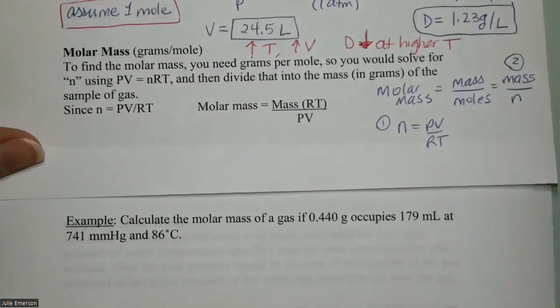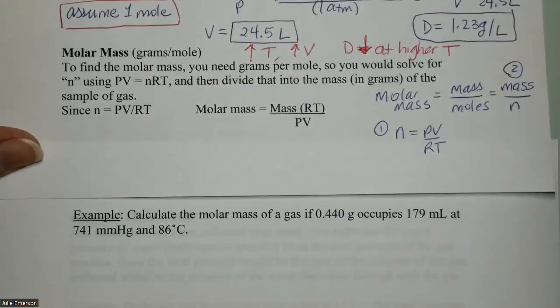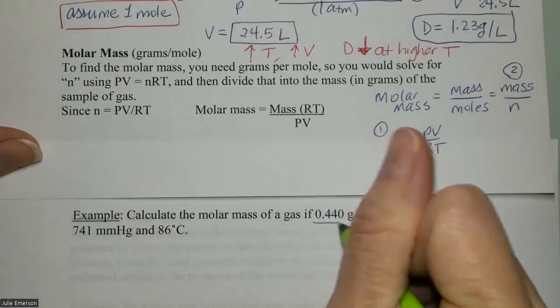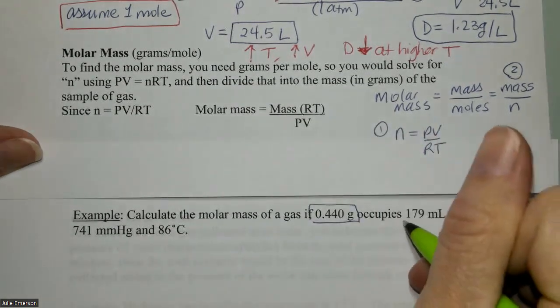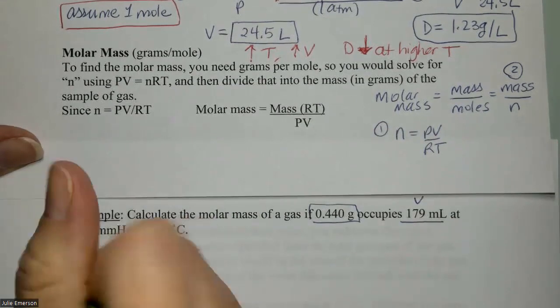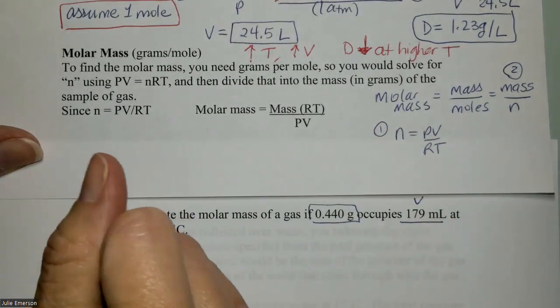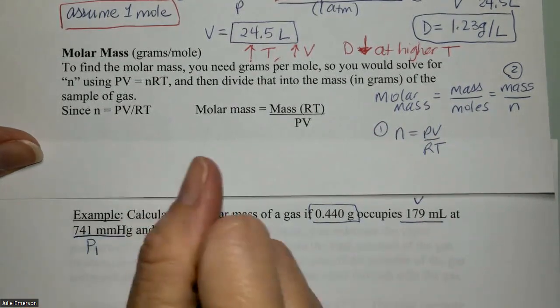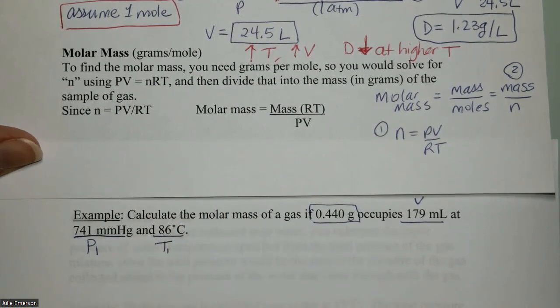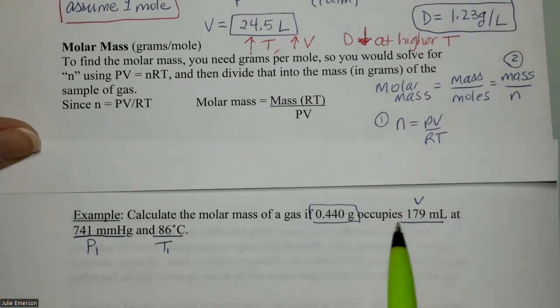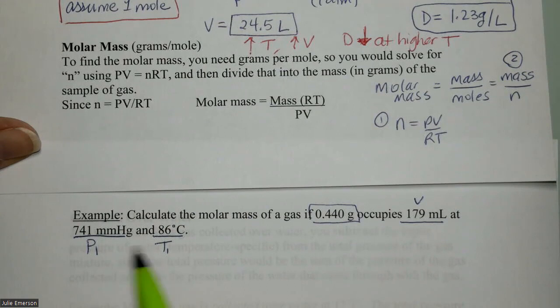Question says, let's find the molar mass of a gas if we have 0.440 grams at 179 milliliters, 741 millimeters of mercury, and 86 degrees Celsius. All right, so we only have 1 volume, 1 pressure, 1 temperature, and a mass.